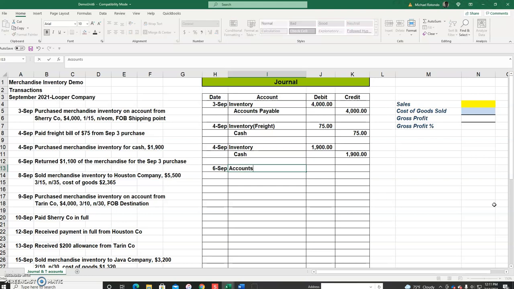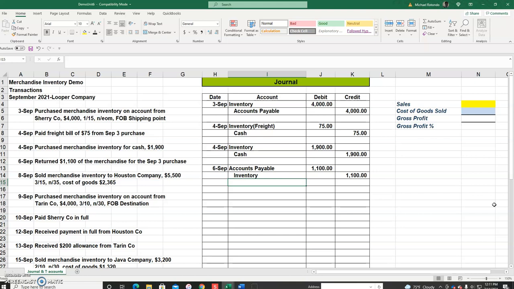So we have to debit accounts payable for $1,100, and we're going to credit inventory, right? Remember, we're using inventory as a shortcut for merchandise inventory. So again, if we return it, we're not going to pay for it. So that would be our entry there.